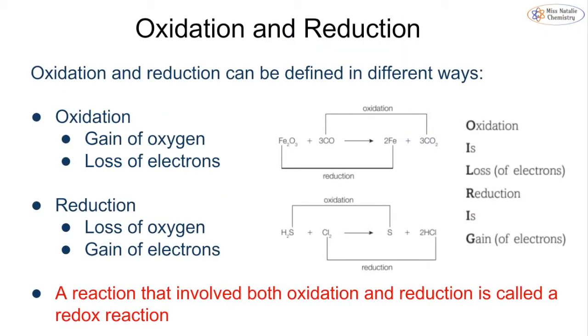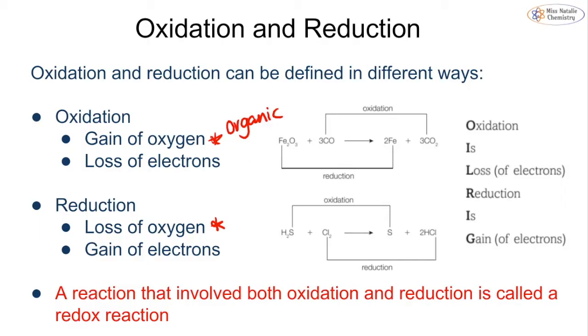So oxidation and reduction can be defined in two different ways. Oxidation can be the gain of oxygen or the loss of electrons, and reduction can be the loss of oxygen or the gain of electrons. Now, talking about it in terms of oxygen is sometimes used for inorganic substances, but we tend to use this more for organic substances.